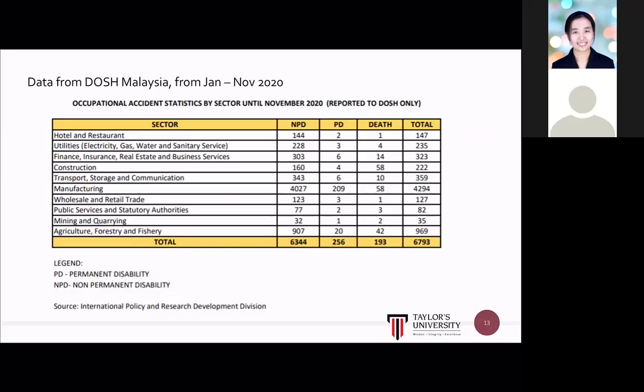So if you want to convert them into FAR or the fatality rate, you will have to get the population of that area, in that manufacturing sector. Any questions so far? These are data that you can easily get from the internet, from DOSH Malaysia.